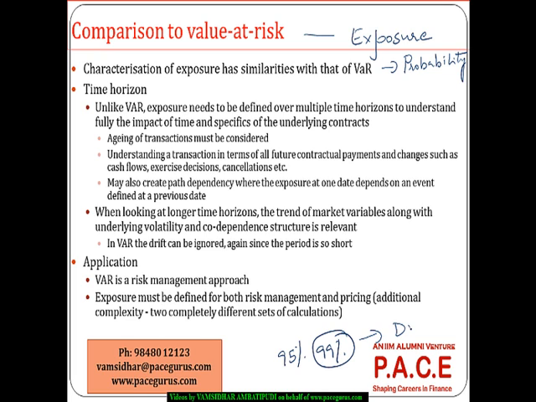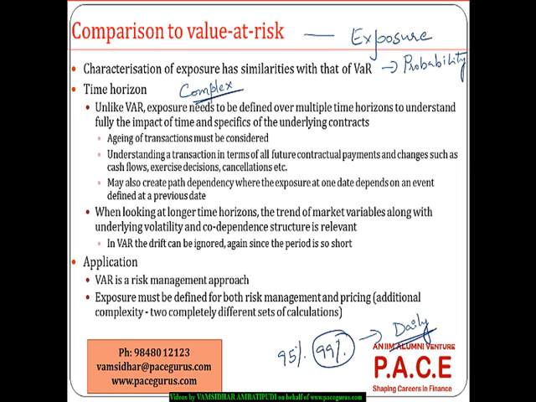We talk about a time horizon too: a daily exposure, 10-day exposure, weekly exposure, monthly exposure. So there is a lot of similarity between value at risk and exposure. But at the same time, it is very clearly evident that exposure is much more complex compared to value at risk.